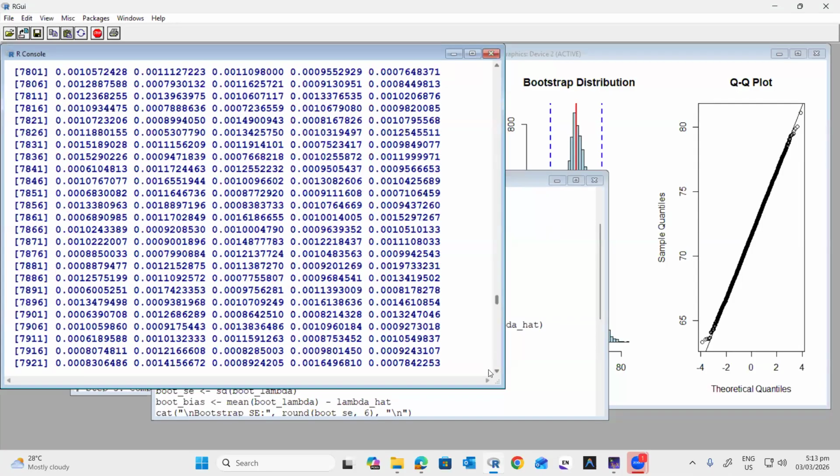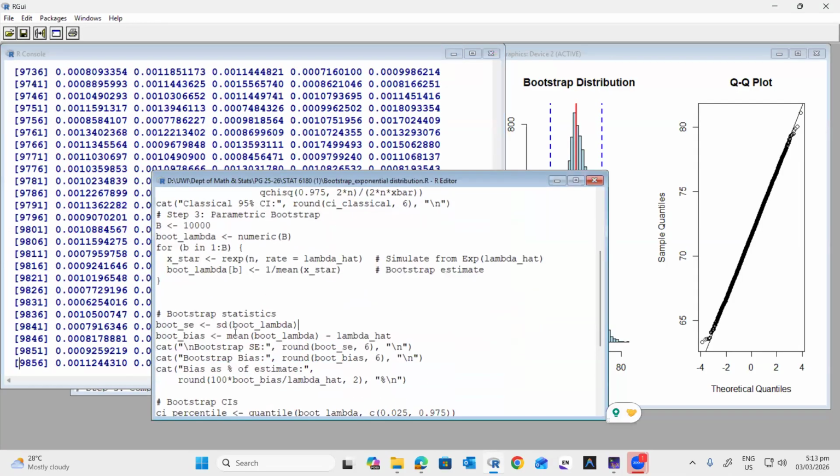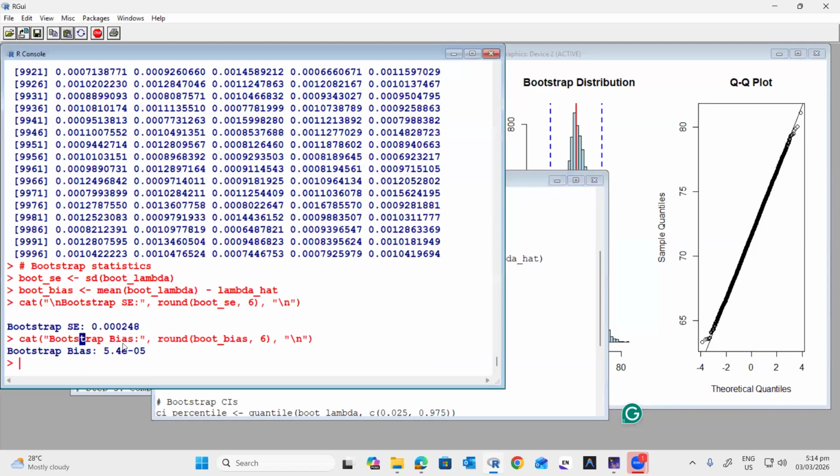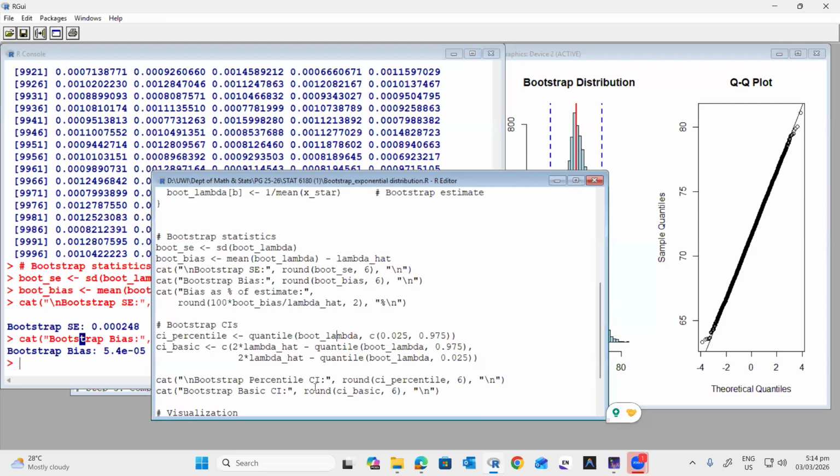Okay, so now we will calculate the standard error of the bootstrap, and we calculate the bias using the same formula that we used earlier. So the standard error is 0.000248, and the bootstrap bias is 5.4e-05.